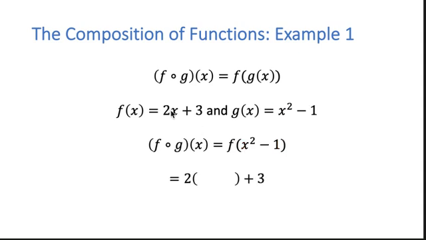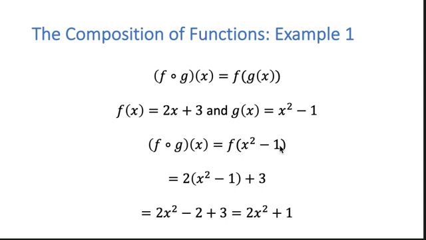Well, the f function is 2x plus 3, so I put a parenthesis where that x was, and x squared minus 1 is going to fill that parenthesis. Then all you have to do is the distributive property, 2x squared minus 2 plus 3, and simplify that. And so the answer is that f of g of x is equal to 2x squared plus 1.